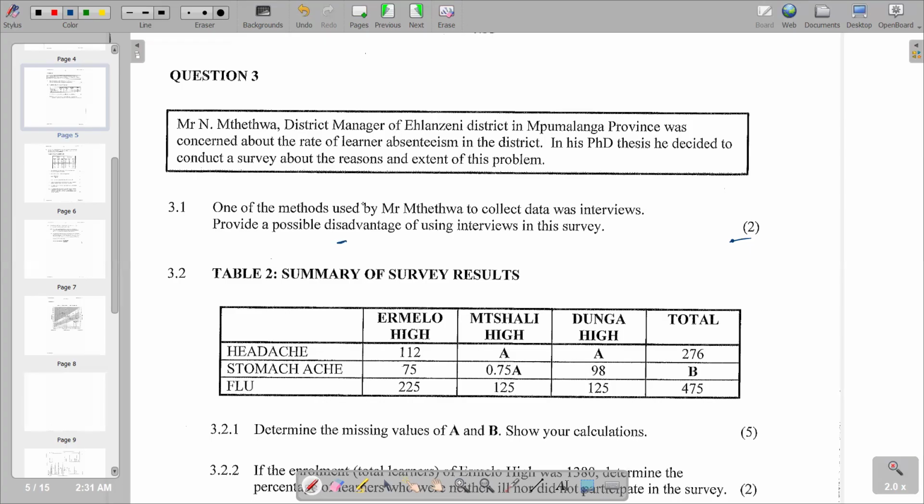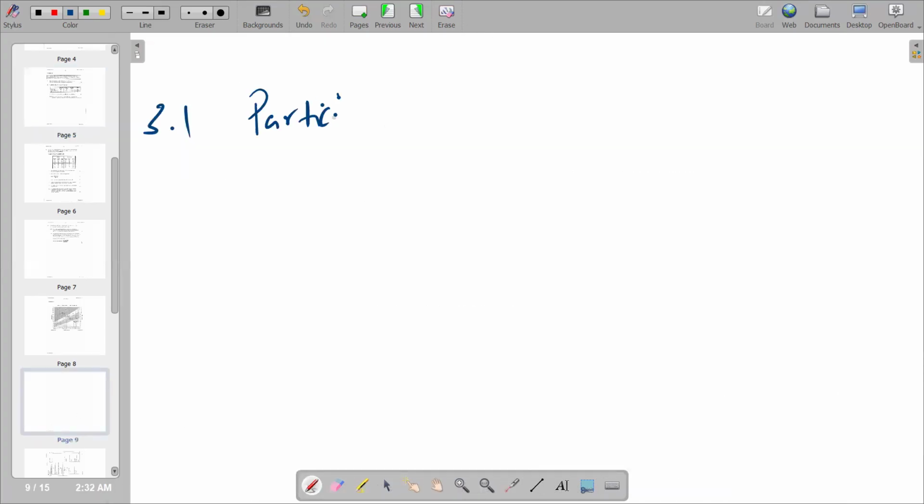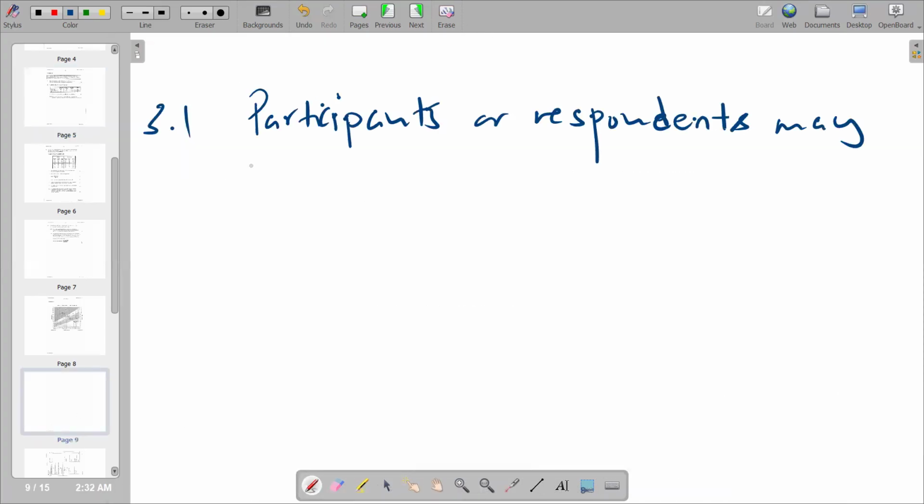There might be wrong interpretations of the questions by the interviewee, the one that is being asked the questions. So we are saying participants or respondents may misinterpret questions and give incorrect responses. So this can be the response that we can try to raise.